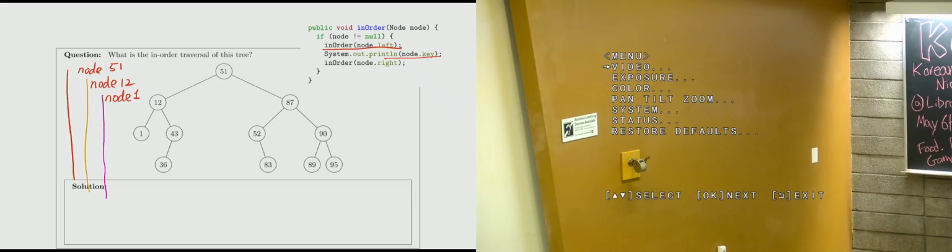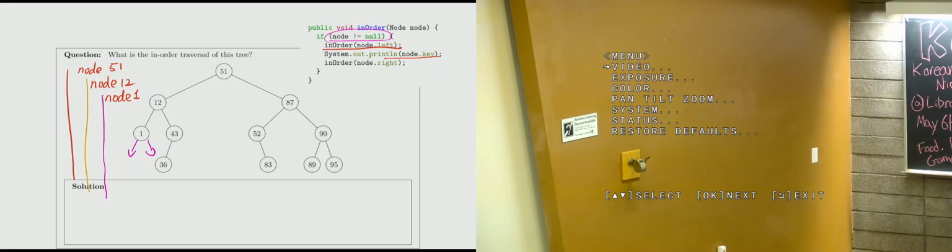The reason in-order is so simple is that we know the output must be in order. But if I give you a slightly changed one, it'll be really hard to track. So node 1 here will have no children. It's like a lonely node, right? So I hit the base case.